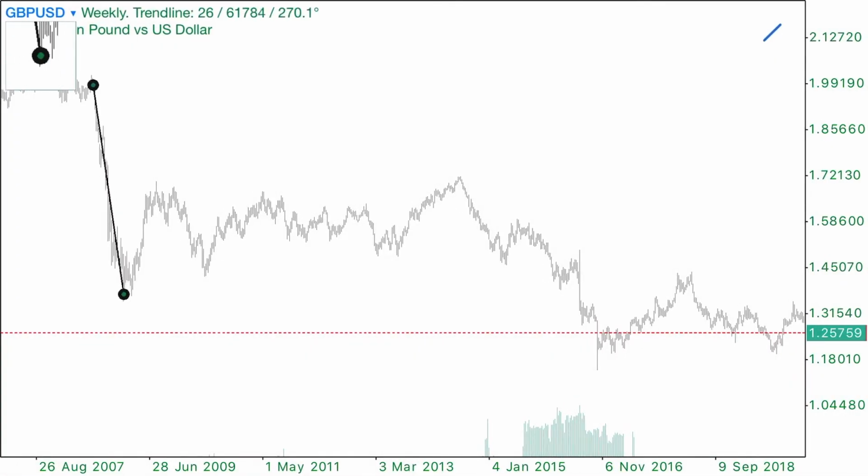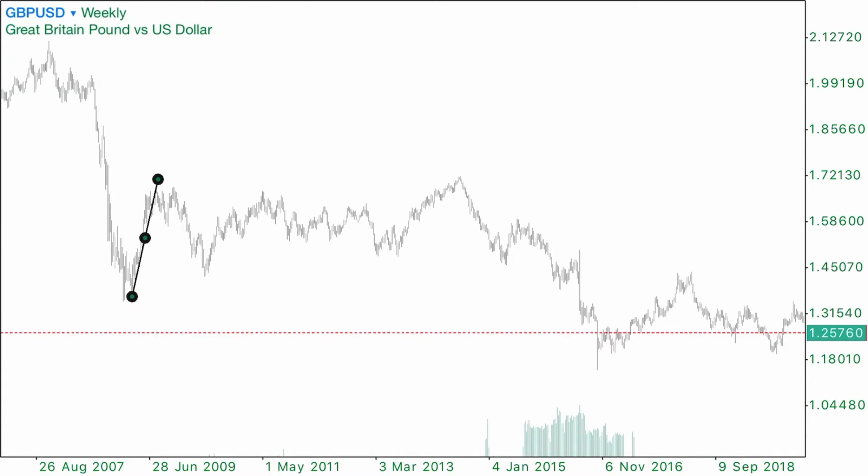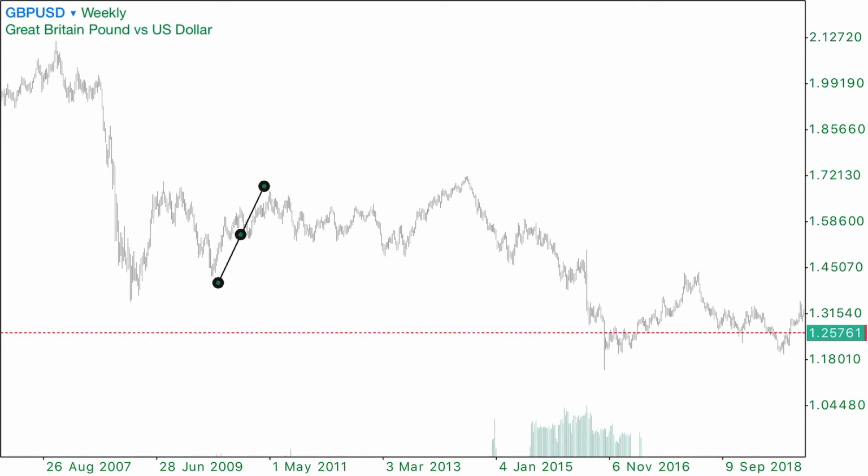An impulsive wave in a downtrend is followed by a corrective wave, then an impulsive wave followed by a corrective wave. You see it coming down, impulse, that is the direction of the trend, correcting back to a key level or a support zone.